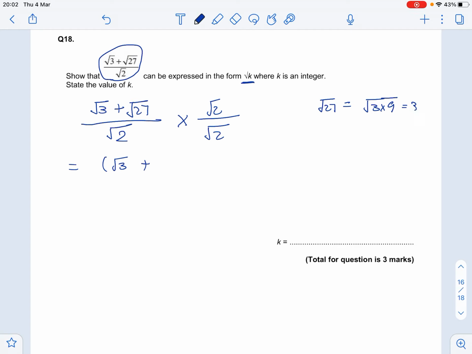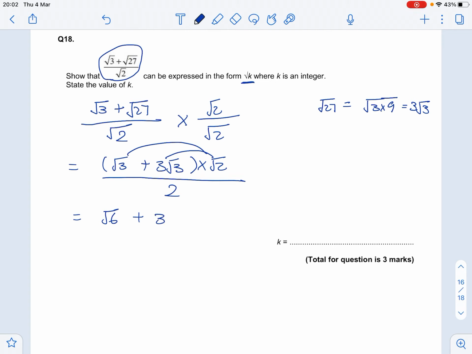Then we know that root 9 is 3, so 3 root 3. Multiply by root 2 over root 2, and root 2 times root 2 is 2. So expand our bracket, so this is root 6 plus 3 root 6 over 2.